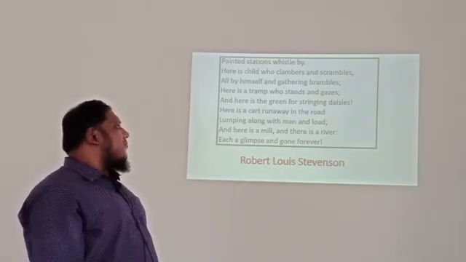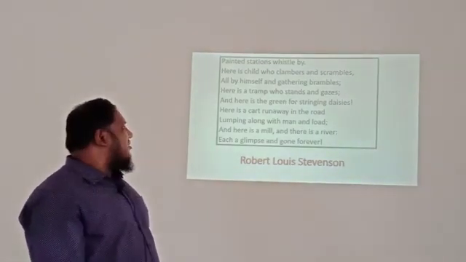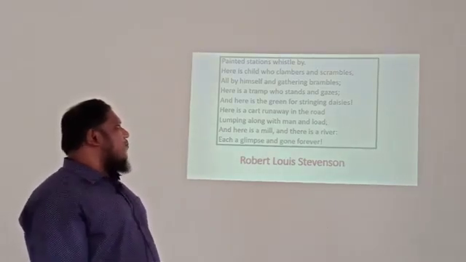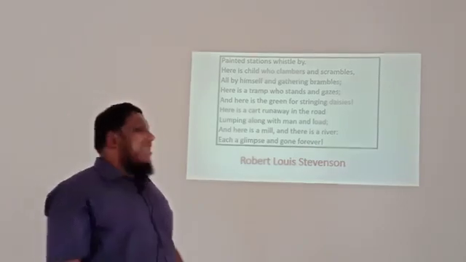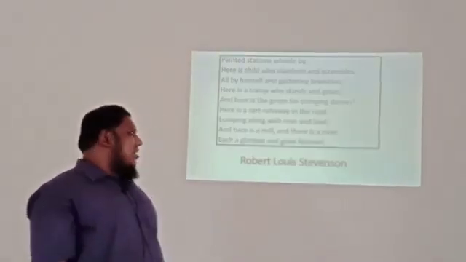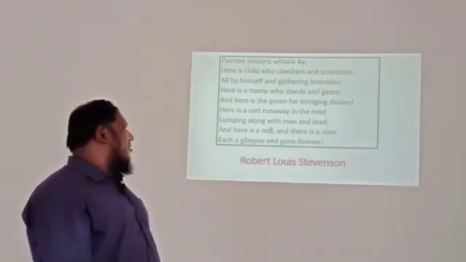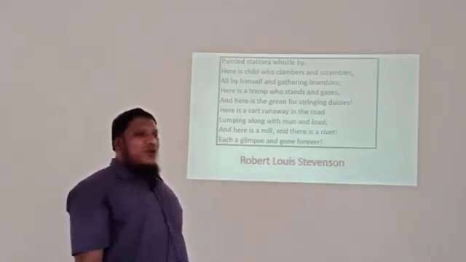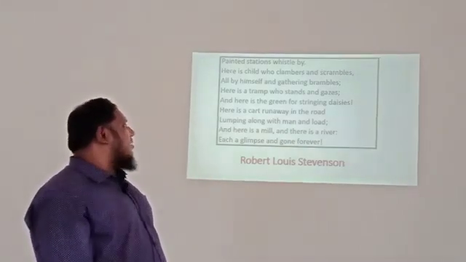Here is the green for stringing daisies. Here we see some pictures. Some boys are scrambling for brambles, and sometimes they are making garlands. Here a flower, daisy, is mentioned, but in our country we do not find daisy. It is a similar flower of a foreign country.